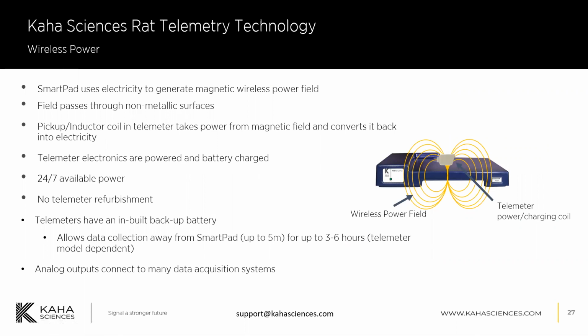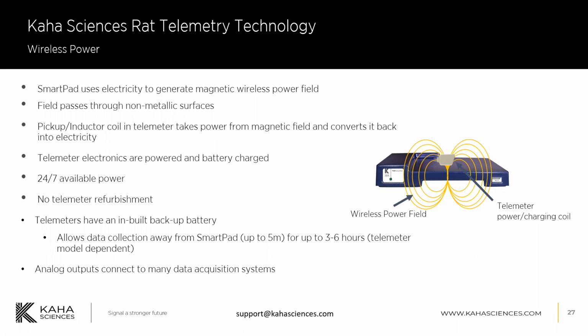And then inside the telemeter, there's a pickup or inductor coil that takes that power from the magnetic field and converts it back into electricity, which is then used to power the electronics of the telemeter and to charge the battery. And this gives us 24 hours a day, 7 days a week power, and means that our experimental design is no longer limited by the battery life.